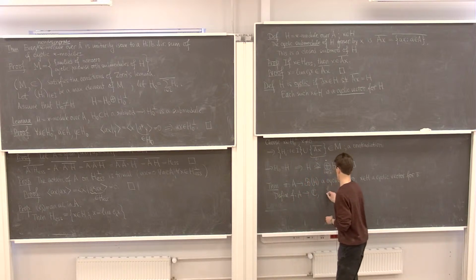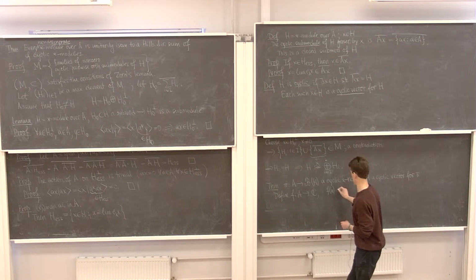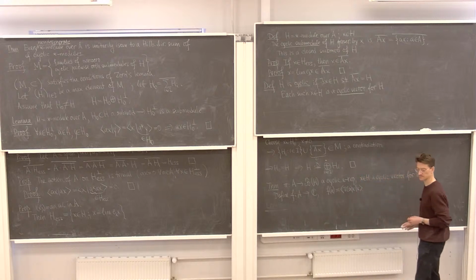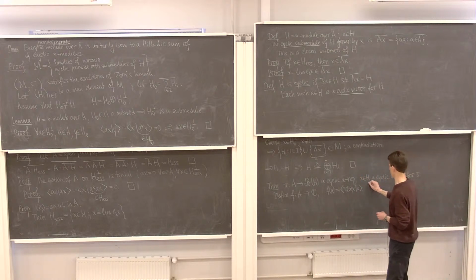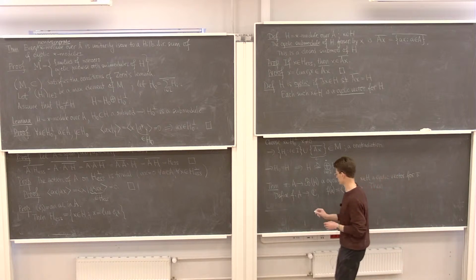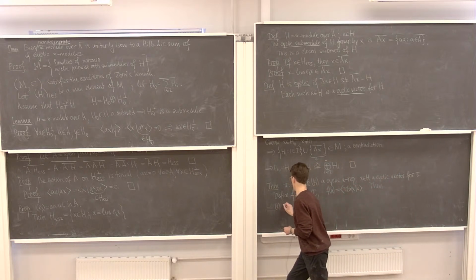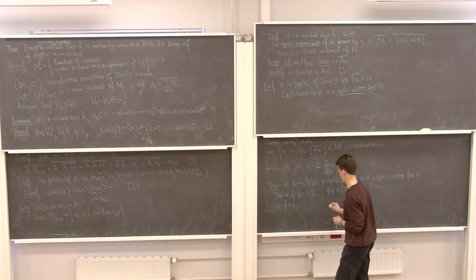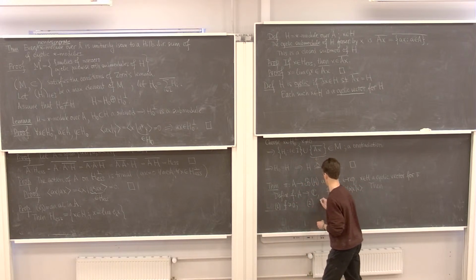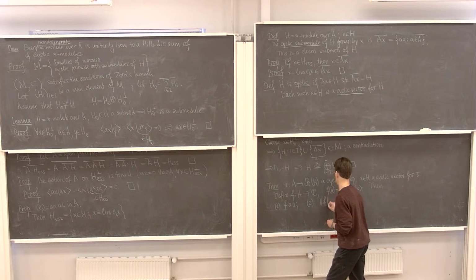by the following formula. f of a is the inner product of pi of a x and x. I claim that, first of all, f is positive. Second, the norm of f is equal to the norm of x squared.